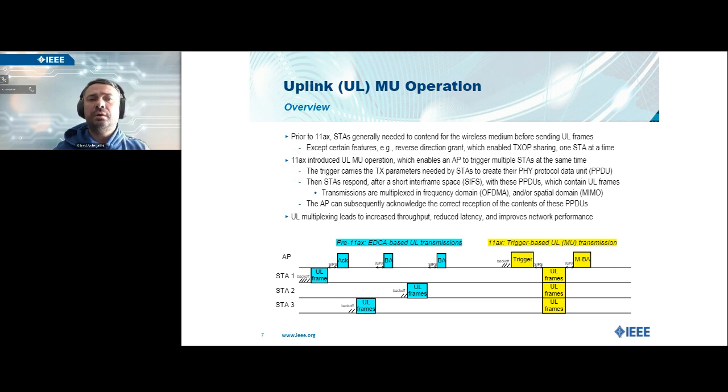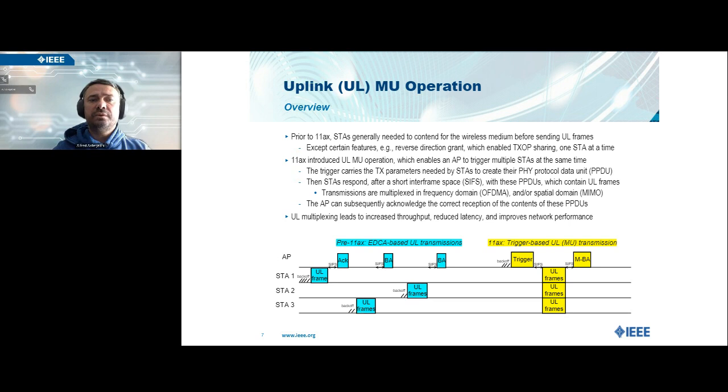We do allow multiplexing both in the frequency domain using OFDMA and in the spatial domain using multi-user MIMO, and a combination of both. These parts were discussed yesterday from a PHY perspective, so here we'll assume that the concepts are known and use them as we go through the descriptions of the exchanges from a MAC perspective.